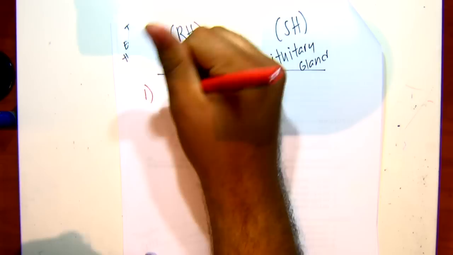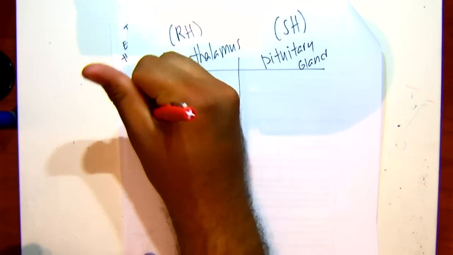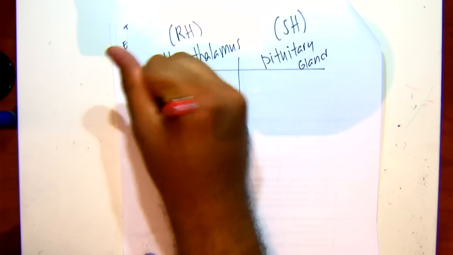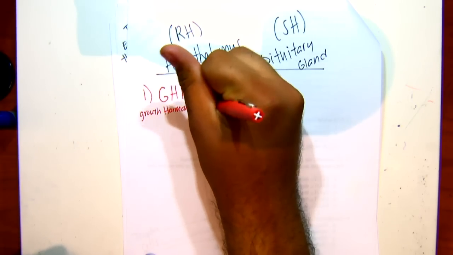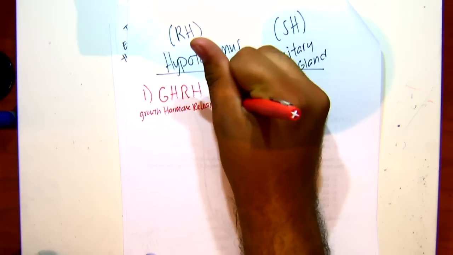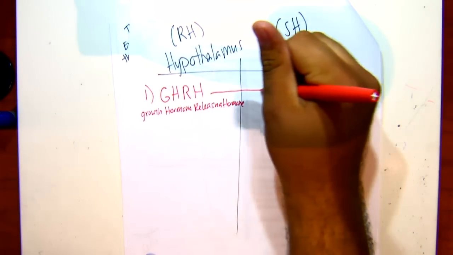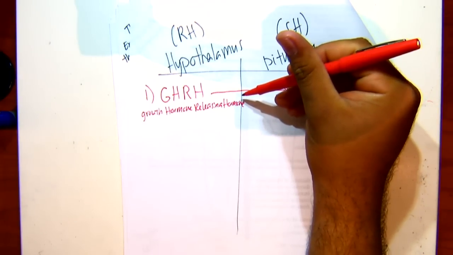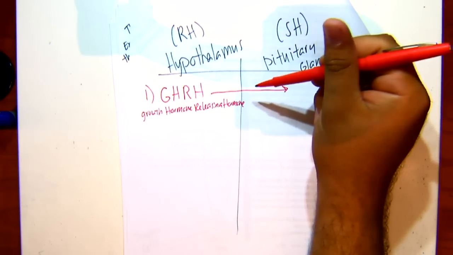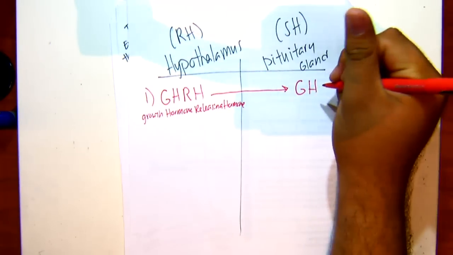So the hypothalamus will secrete GHRH, which is growth hormone releasing hormone, and that will tell the pituitary gland through the hypothalamic pituitary portal system, right? To secrete growth hormone.